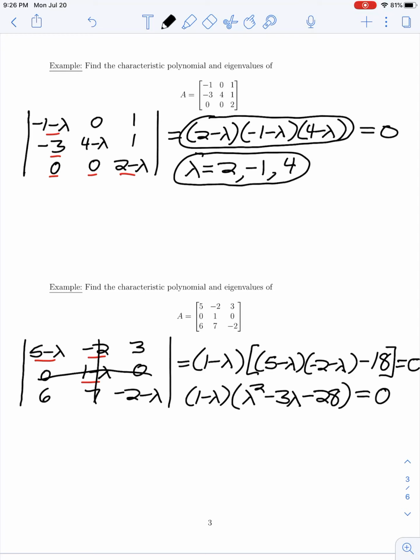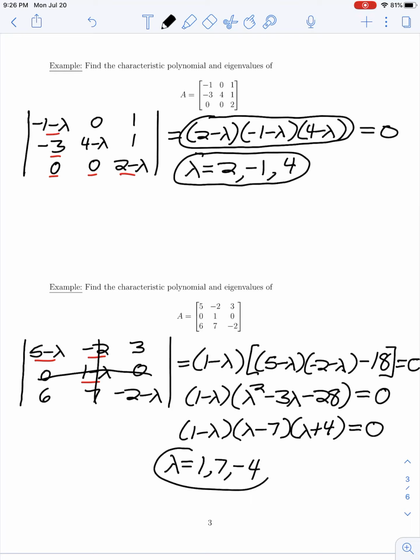And now this quadratic term can be factored as lambda minus 7 times lambda plus 4 is equal to 0. So we can see now that we have three eigenvalues, 1, 7, and negative 4. And our characteristic polynomial in simplified form would be the following.